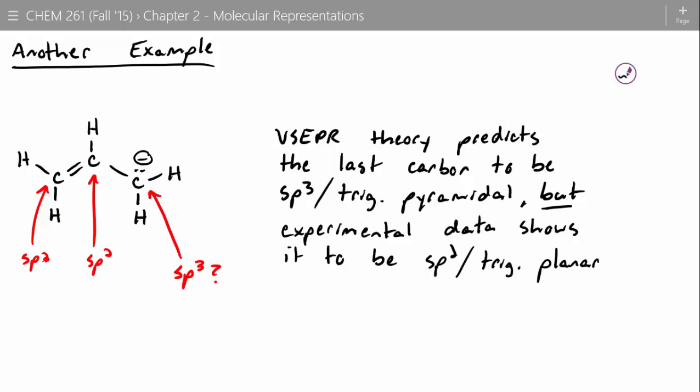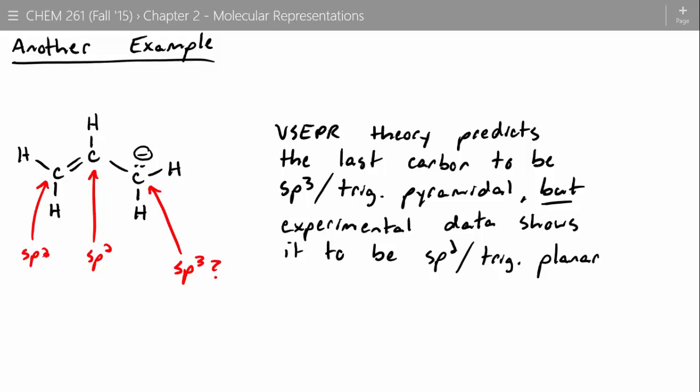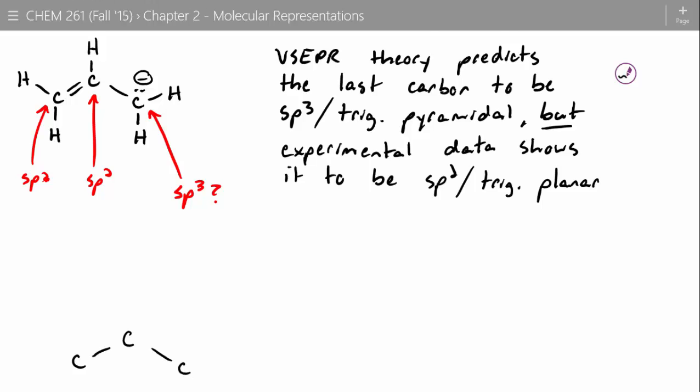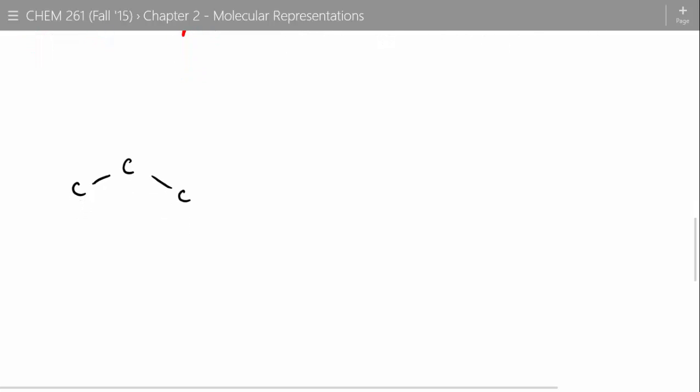So let's try to rationalize the experimental data with the discrepancy in VSEPR theory. I'm going to do the same thing that we did before, and we're just going to assume that it's sp2 and try to rationalize why it's sp2. So I'm going to scroll down, and we've got a carbon here, carbon here, carbon here. Got hydrogens coming off.